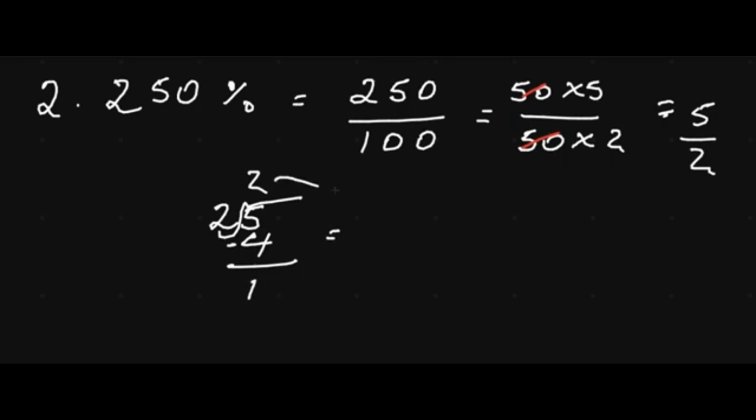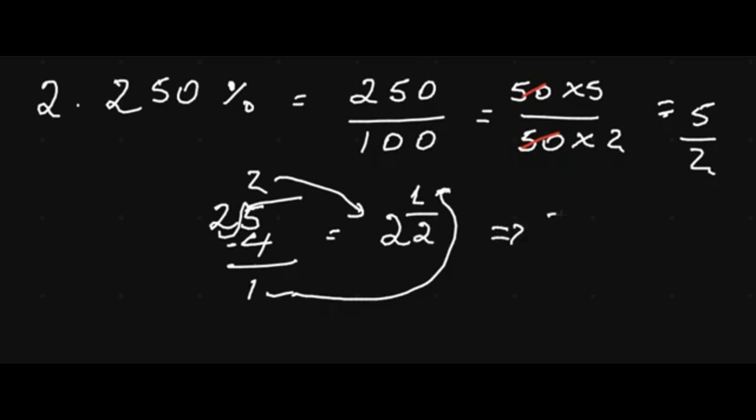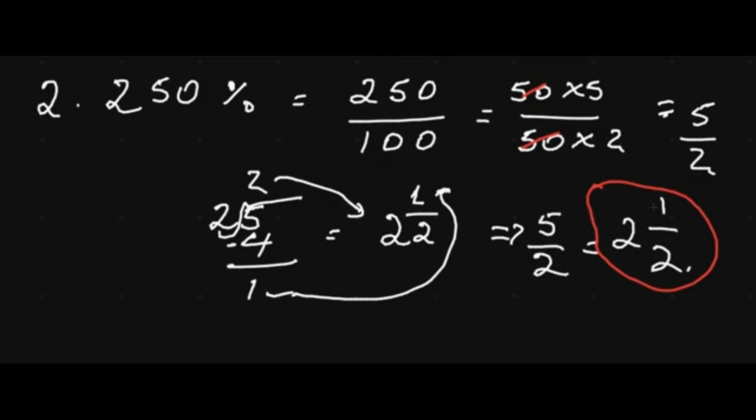So we put the 2 as the whole number, this 1 as the numerator, and this 2, the divisor, will be the bottom. So 5/2 is the same as 2 and 1/2, the mixed fraction form for 250%. Okay, let's go to the next example.